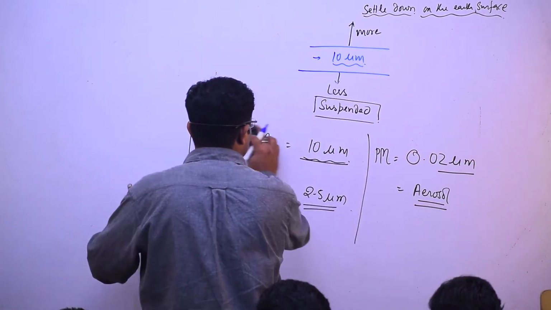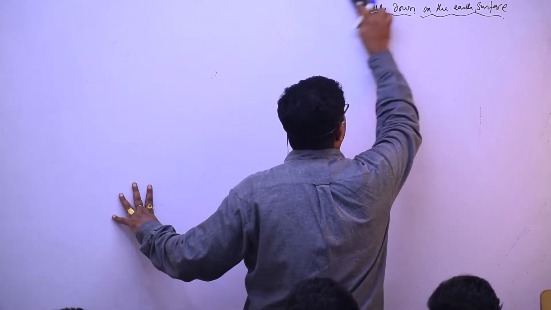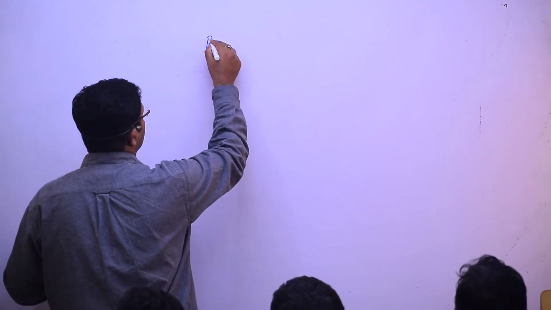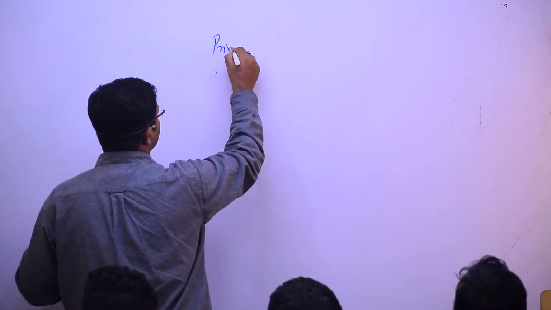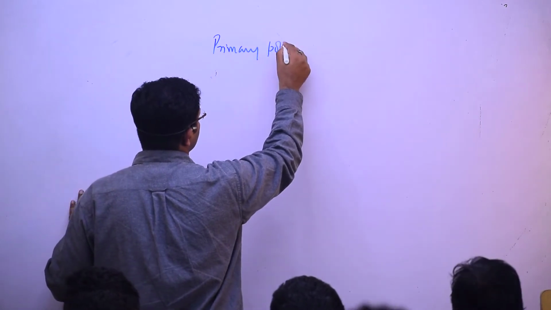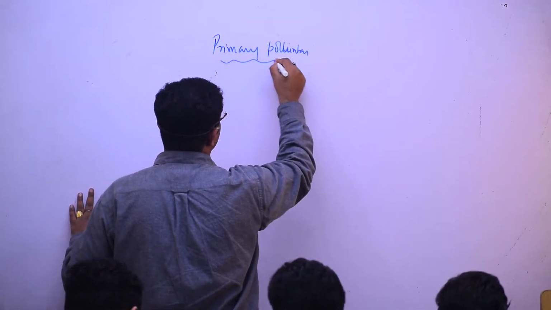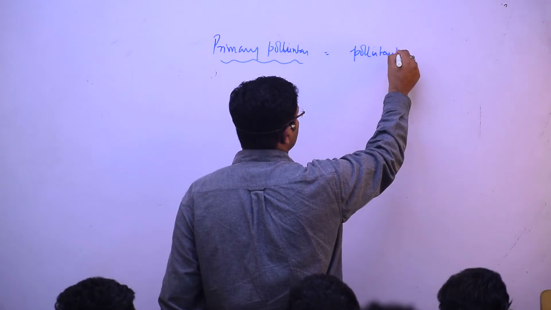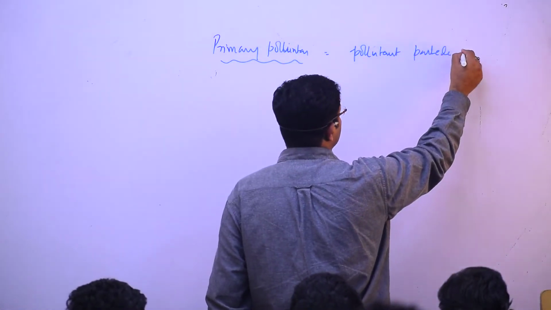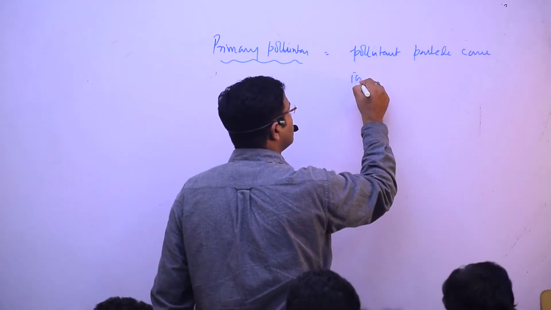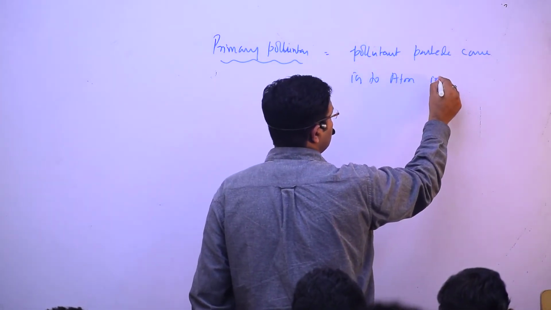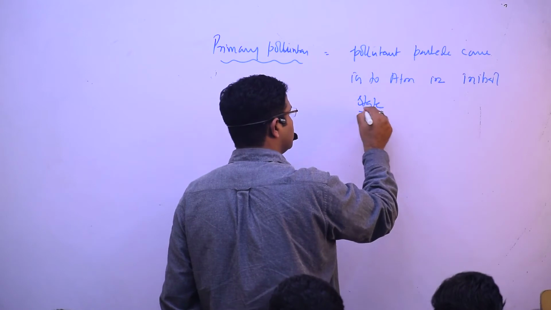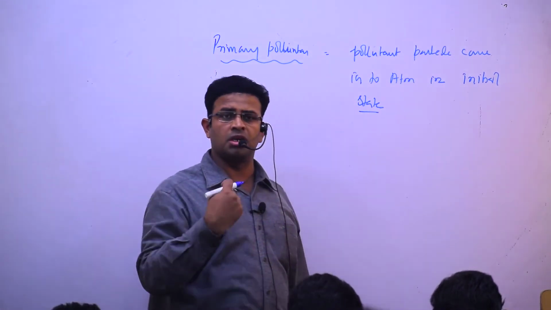Primary pollutant particles come into the atmosphere in their initial state. When a pollutant comes in the first stage of pollution, in the initial state, that is known as a primary pollutant.